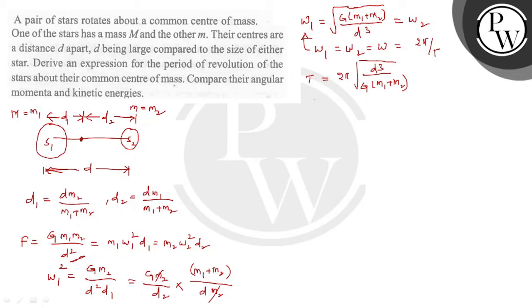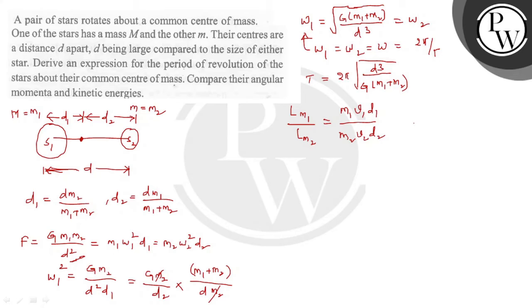So now what is angular momentum? Angular momentum with respect to m1 over angular momentum with respect to m2 is m1 v1 d1 upon m2 v2 d2, is it not?